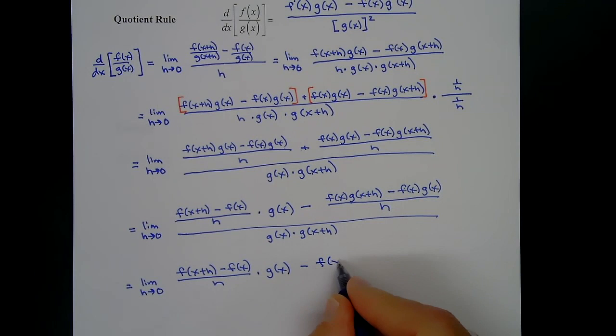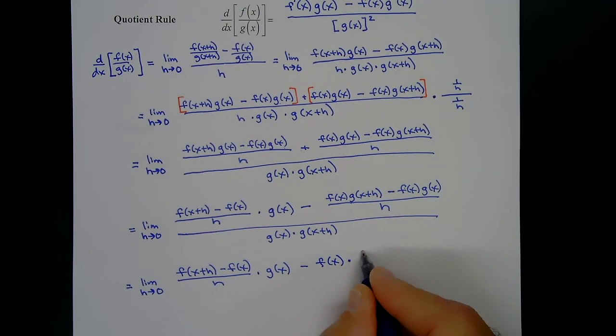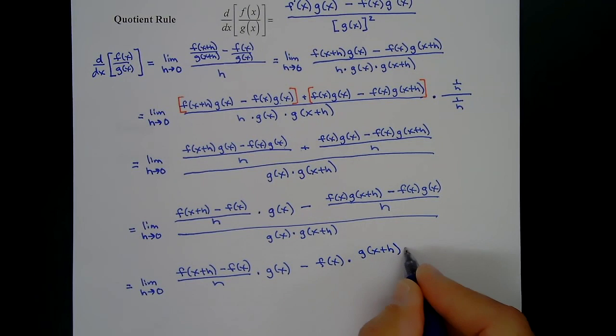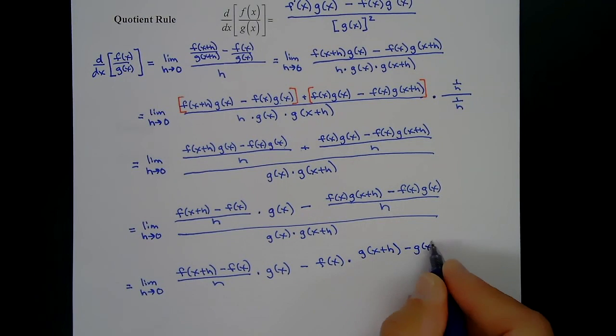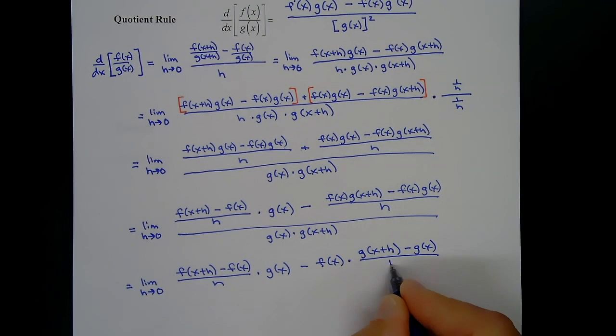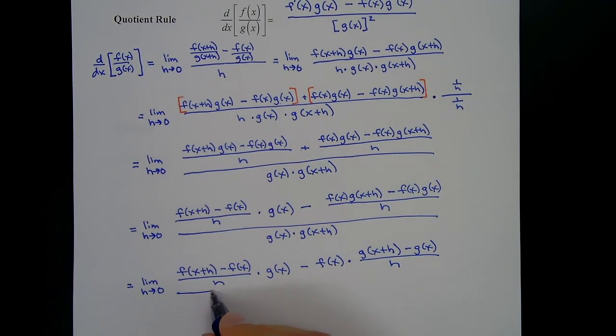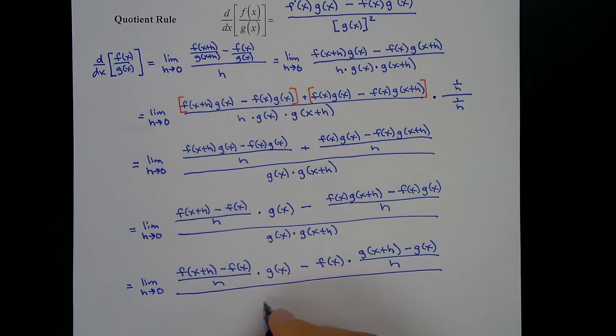So f of x times g of x plus h minus g of x all over h, all over g of x times g of x plus h.